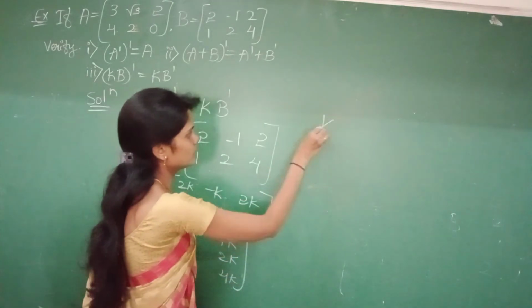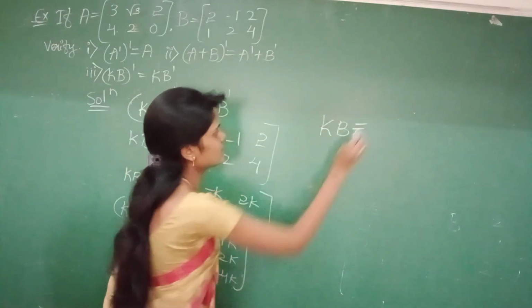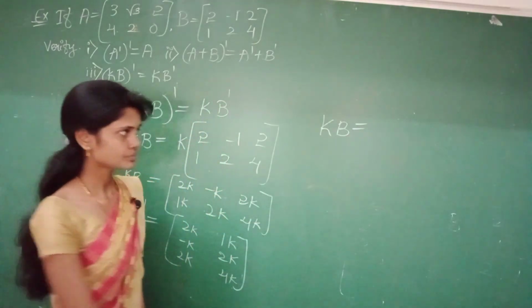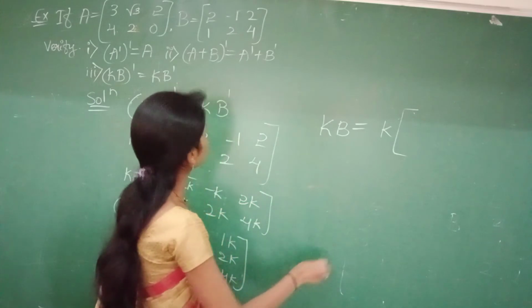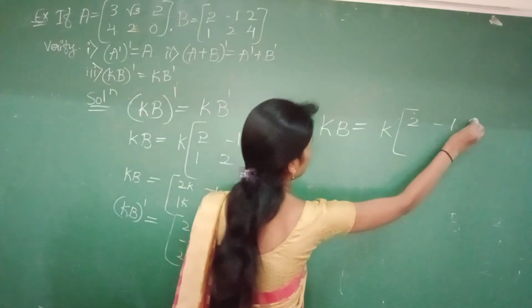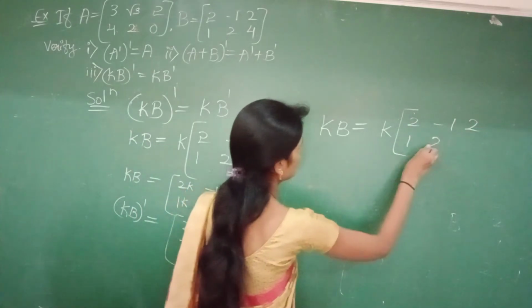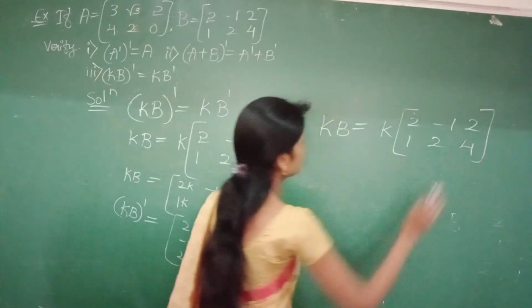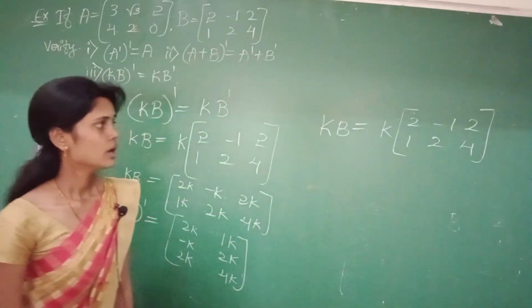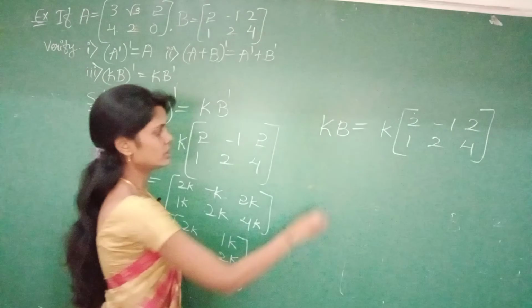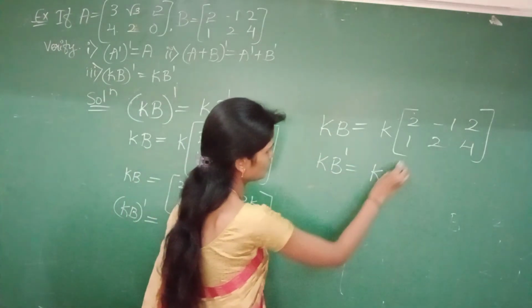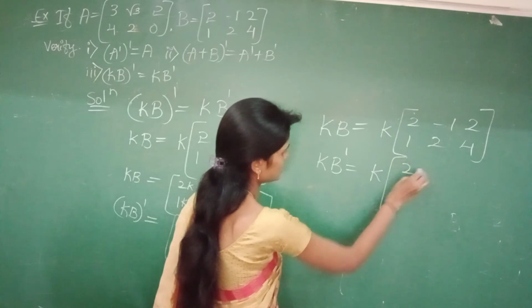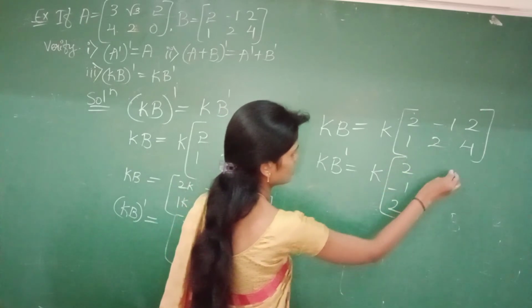So firstly let us find out kB. K into, what is B? It is given that [2 -1 2; 1 2 4]. So it is kB. kB' we want. So kB', k into, what is B'? Just interchange the rows and columns.